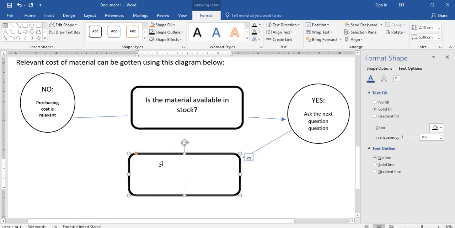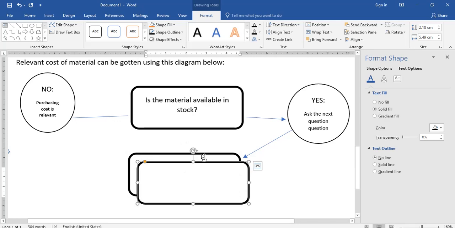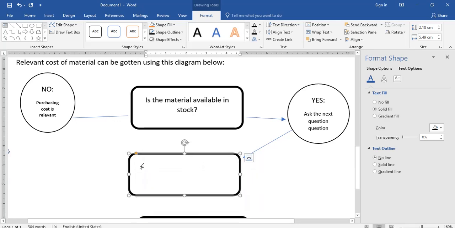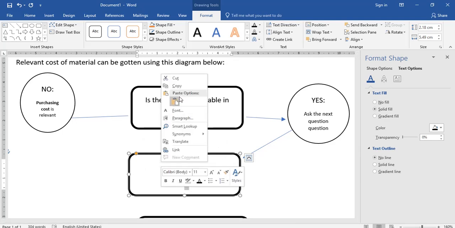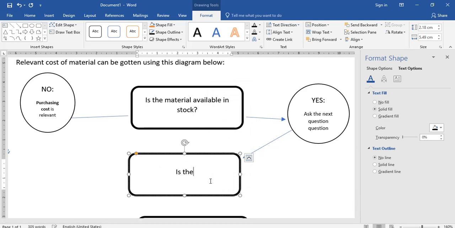The next question I'm going to ask now is: is the material which is available in stock in constant use?